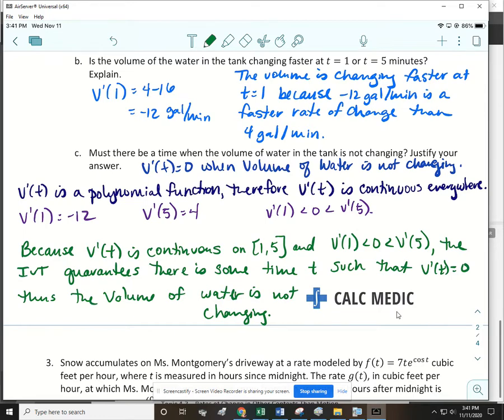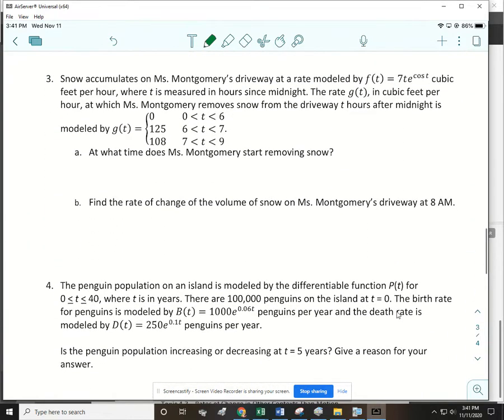Okay, a couple more. So these are rate in, rate out. Both of these are. So on 3, snow accumulates on Miss Montgomery's driveway at a rate of f of t equals 7t e to the cosine of t cubic feet per hour, where t is measured in hours since midnight. The rate g in cubic feet per hour at which Miss Montgomery removes snow from the driveway t hours after midnight is modeled by that piecewise function.